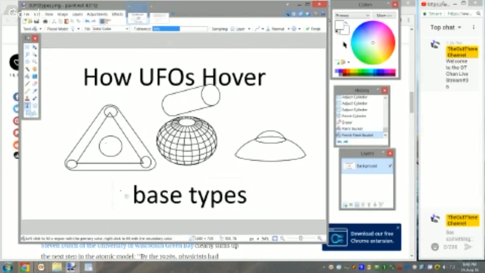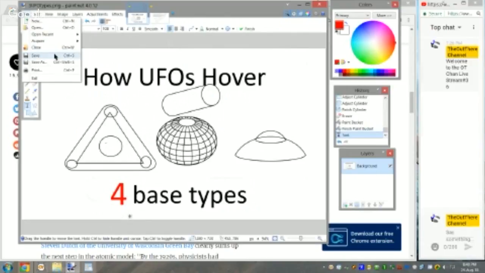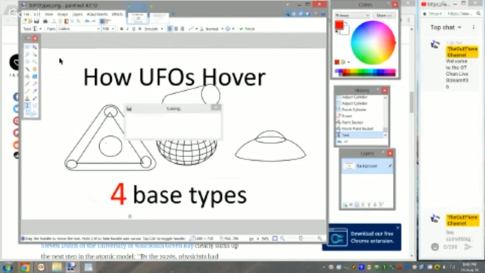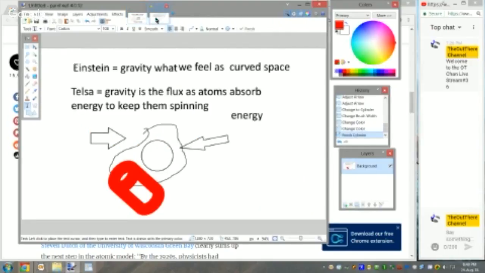Now I'll do the thing. Now we've lost the black. We'll just do a different color. 4. But I'll just resave that. I haven't on that one.